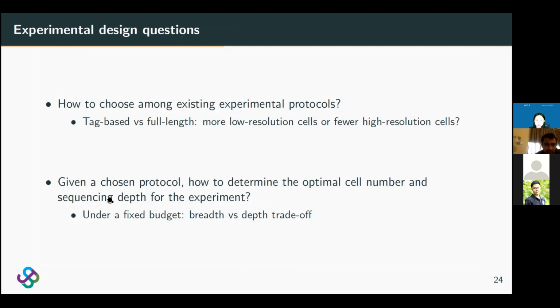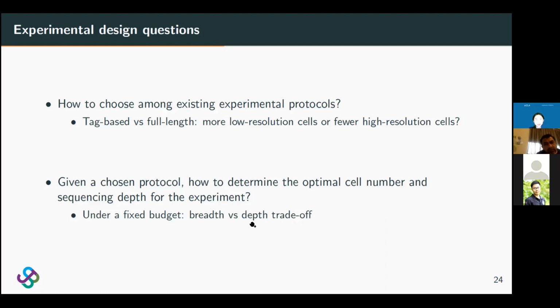So the sequencing depth will be based on your budget, and the optimal cell number will also reflect some breadth and depth trade-off. So the more cells you sequence, the shallower each cell will be, and vice versa. So basically, these issues are all something we need to set as experimental parameters.